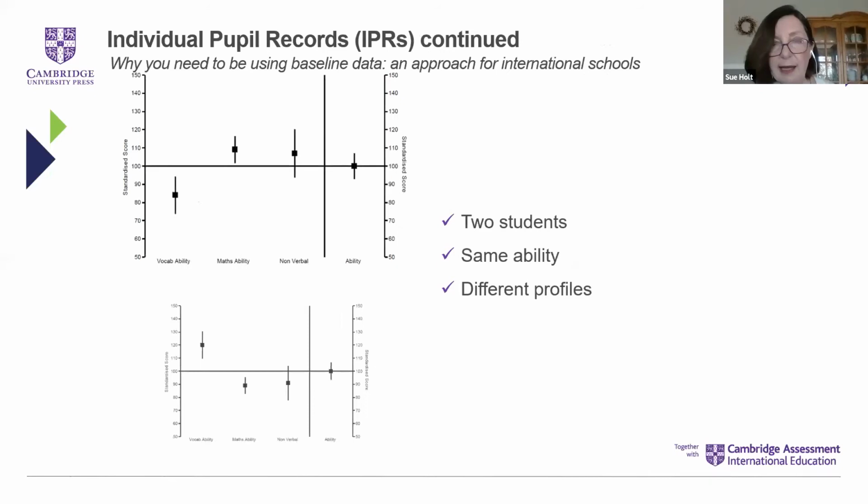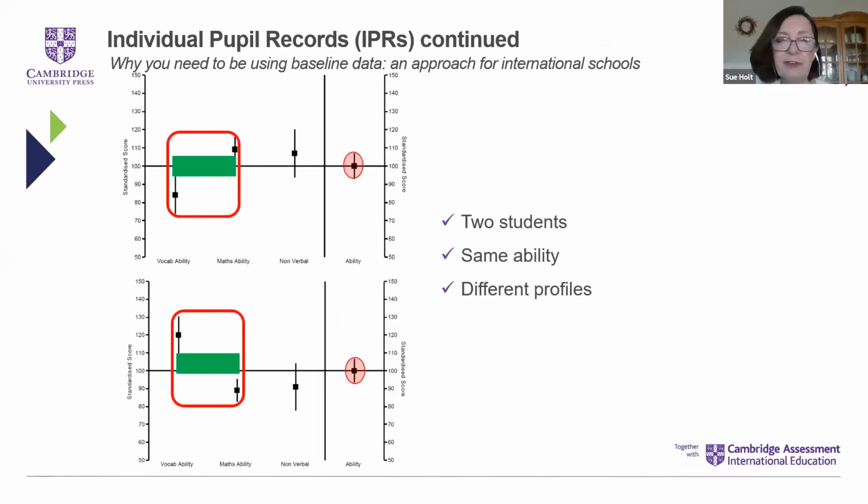And here we have a couple of examples to share. We've got two students who come out overall as average ability. So they've got the same ability according to the overall test, but their profiles are quite different. The first student has very low vocabulary and high maths.